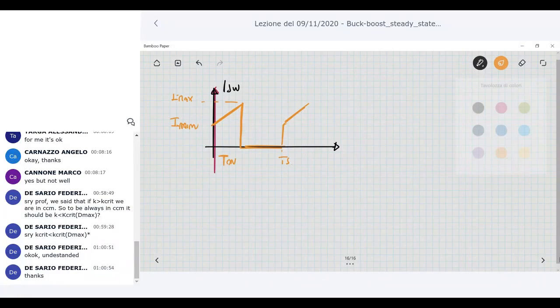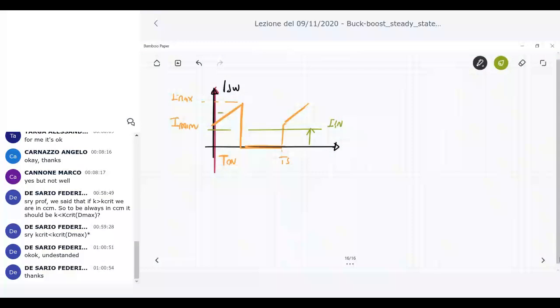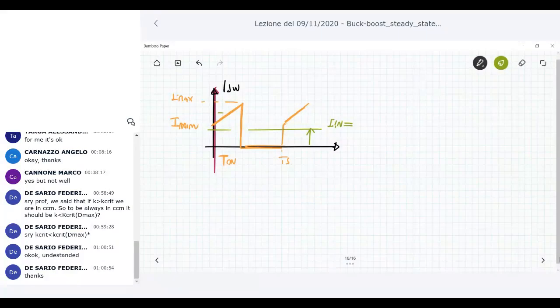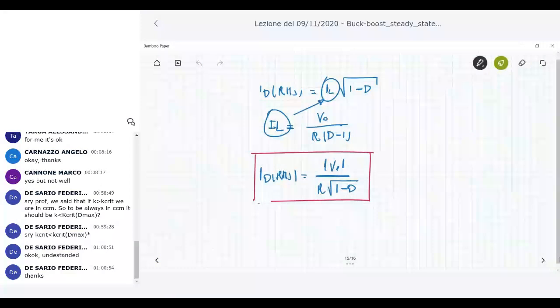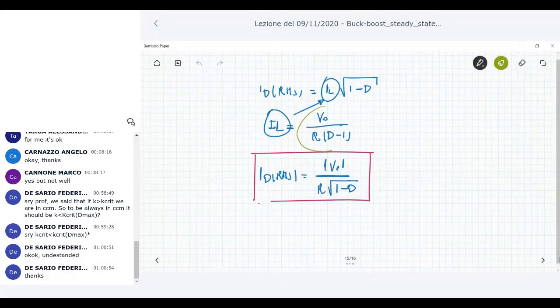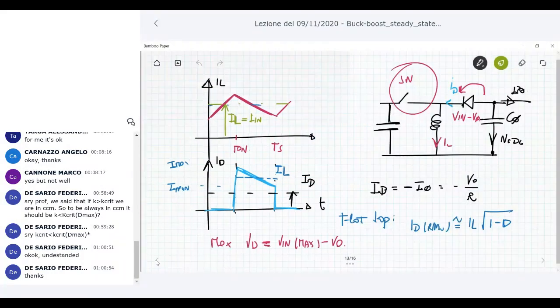Which is the average value of this current? The average value of this current is the input current. Okay? We already derived this expression, and this is V naught... let me check if I computed correctly, because we computed before.